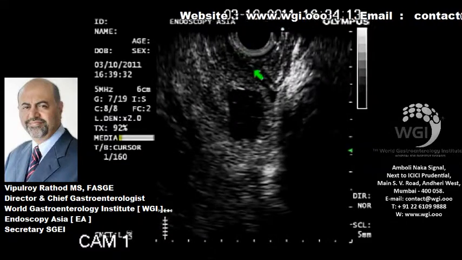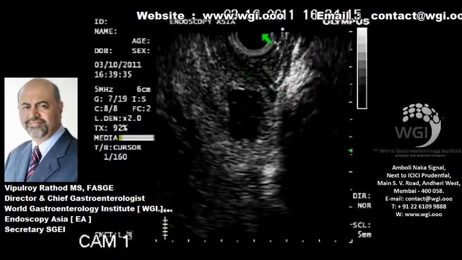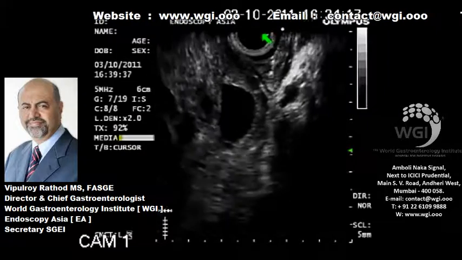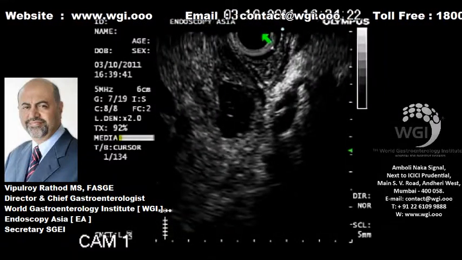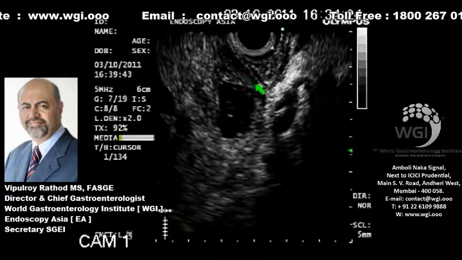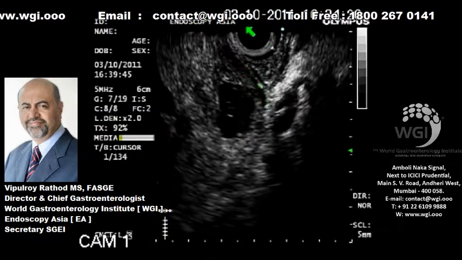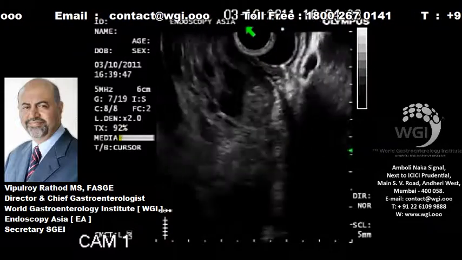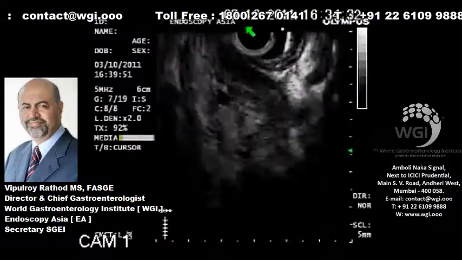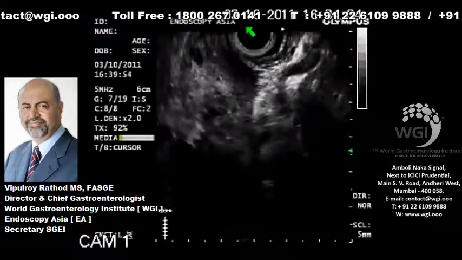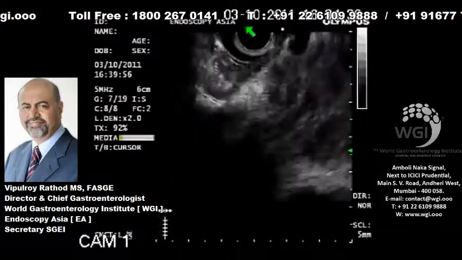So you see the muscularis propria is running here, and this tells me that we are dealing with something which is extra gastric. And there is a small fluid pocket as well, a very small amount of free fluid.